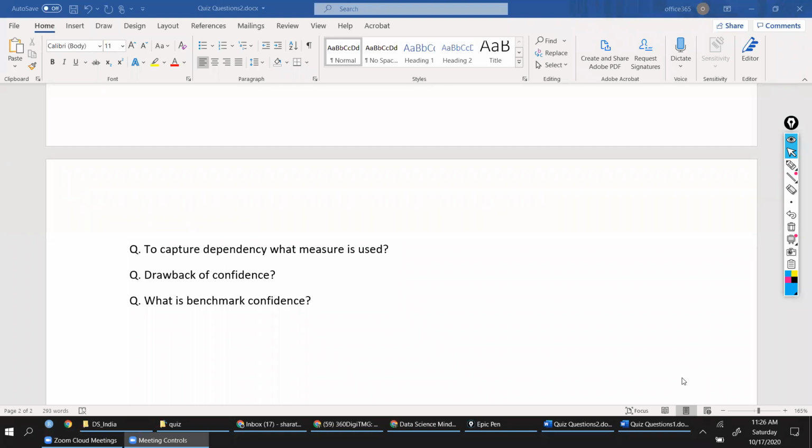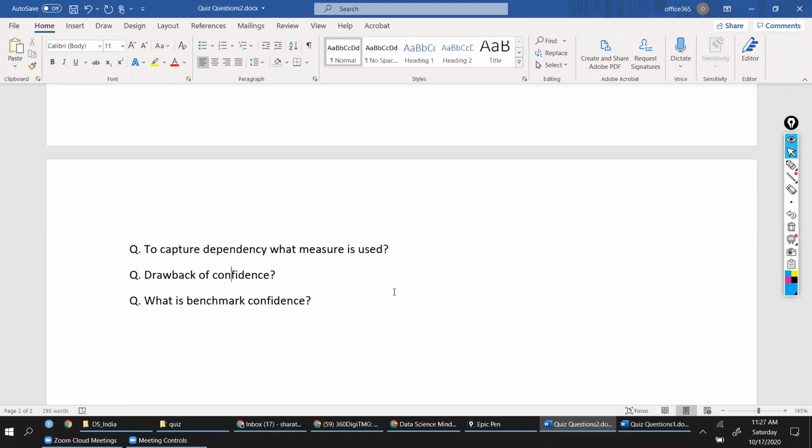Yes. That's right. So we are basically assuming that the antecedent and consequent items are independent of each other, and then we measure probability. Confidence is also a probability measure, but in confidence, we are assuming that the products are dependent on each other.